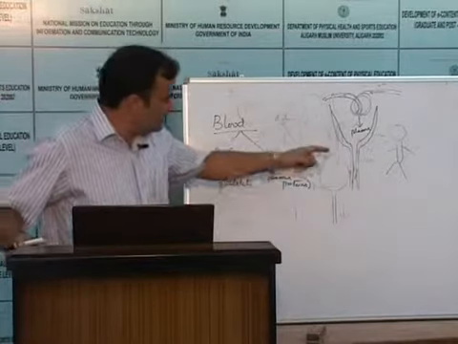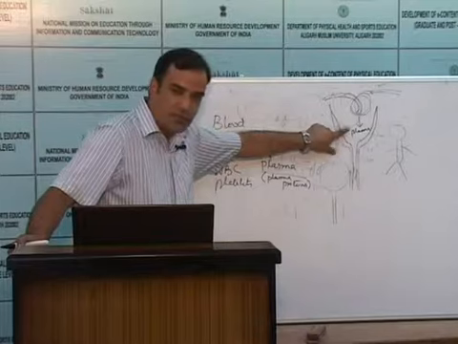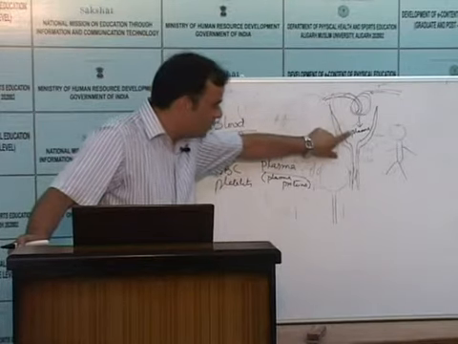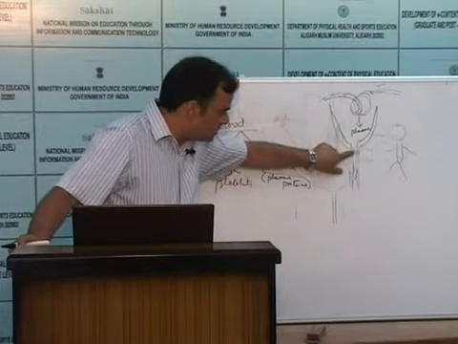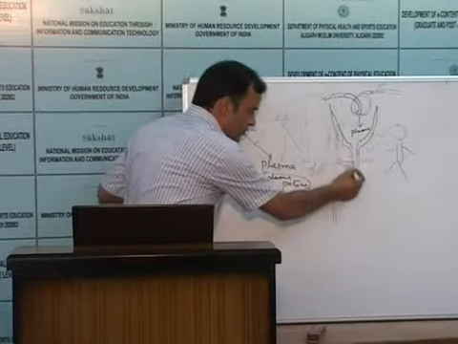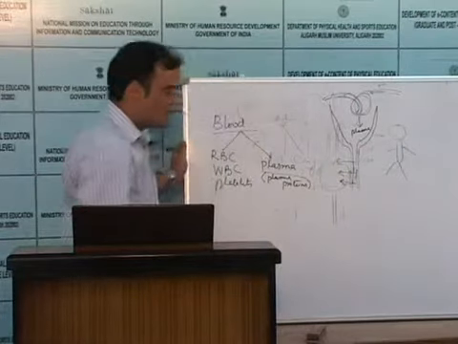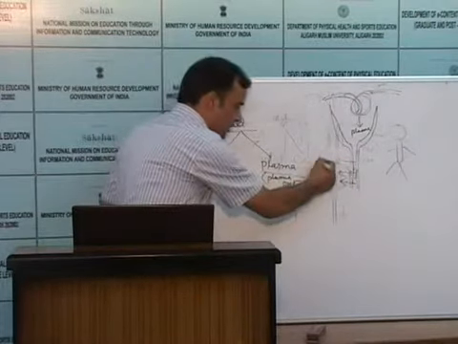Now the filtrate here in this Bowman's capsule, which contains both useful and unwanted substances, when it passes into this tubule, the substances that are useful for our body, like glucose and amino acids, are reabsorbed back into the blood.